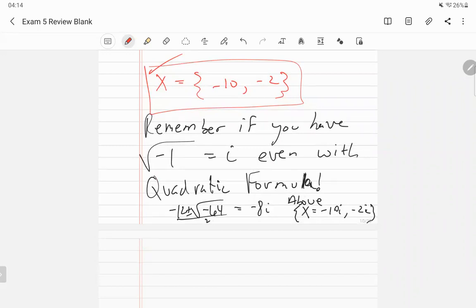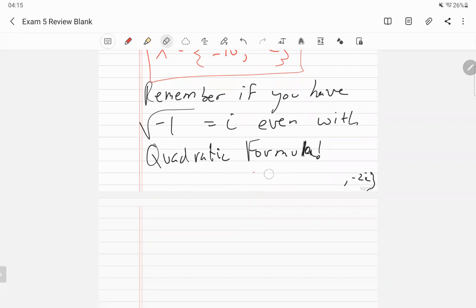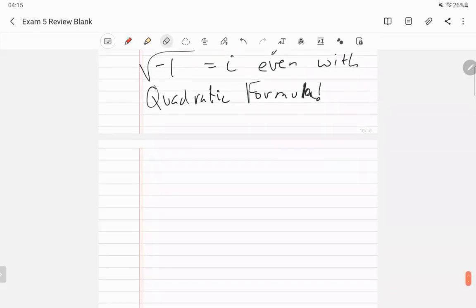So if we would have had instead -12 plus or minus square root of -64 all over 2, then we would have an 8i under the radical, and that would end up being -12 plus or minus 8i over 2, which would end up actually giving you a different answer here. Sorry, let's expand this so we can see your example a little bit better.